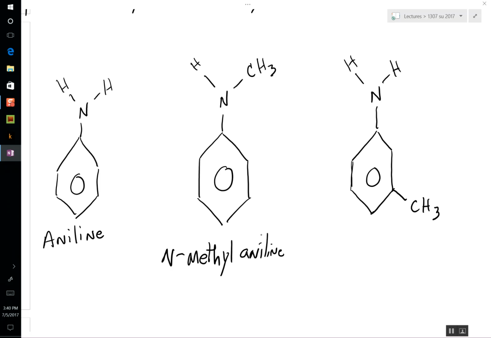Now the parent name of this molecule is going to be aniline. That's aniline right there. Where is this methyl group? On the 3rd carbon. If this is aniline, that's carbon number 1, that's carbon number 2, that's carbon number 3. This is 3-methyl aniline.